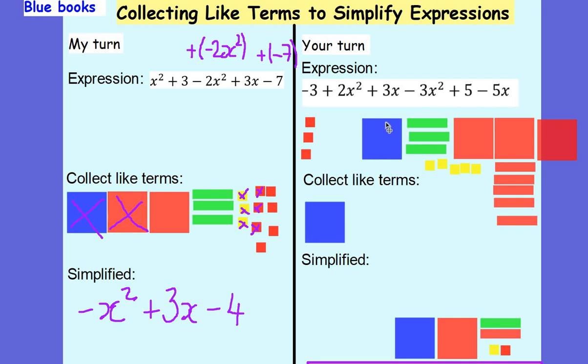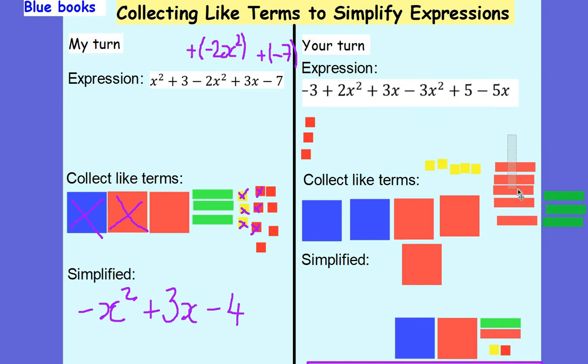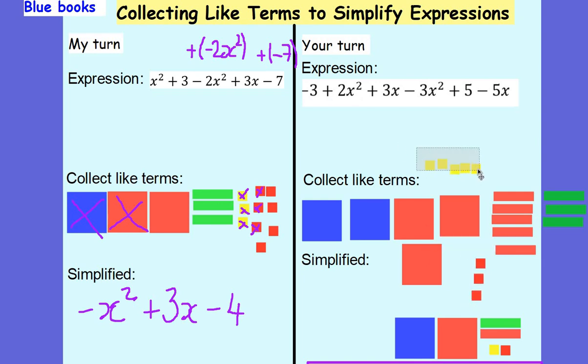Okay, collecting like terms, I can bring together my big squares. There they are. I can bring together my rectangles. There they are. And I can bring together my little squares. Let's cancel out some zero pairs. This guy cancels with this one.